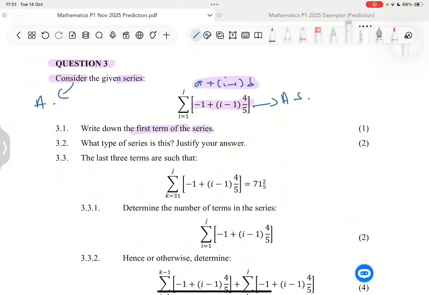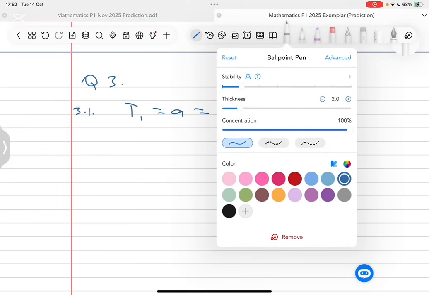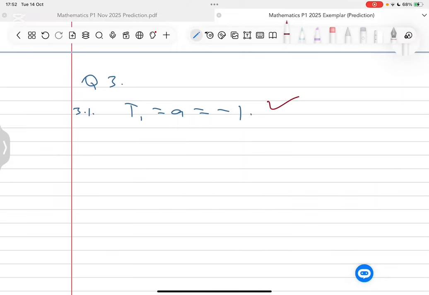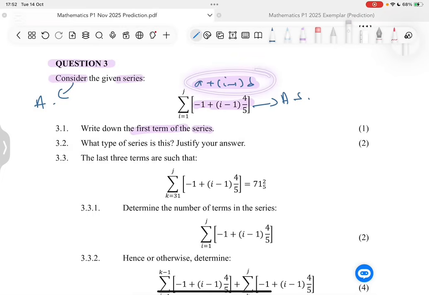But in this specific case, this is only 1 mark, and you don't have to waste time doing the expansion of that sigma notation, because you can see from this form that this is an arithmetic sequence.